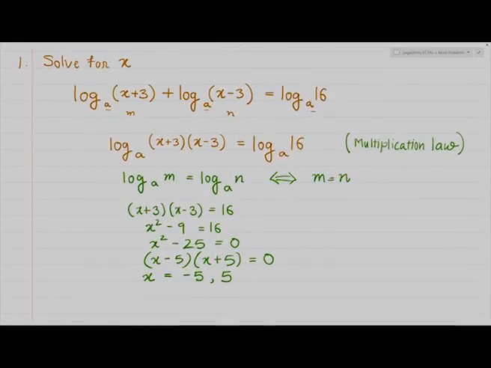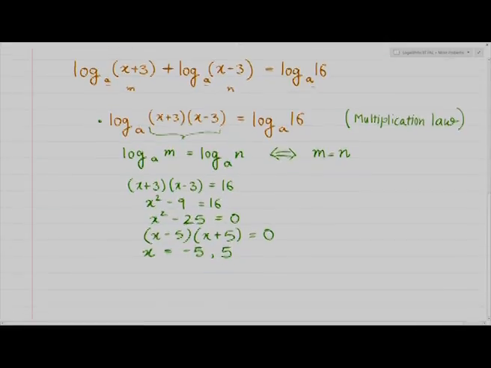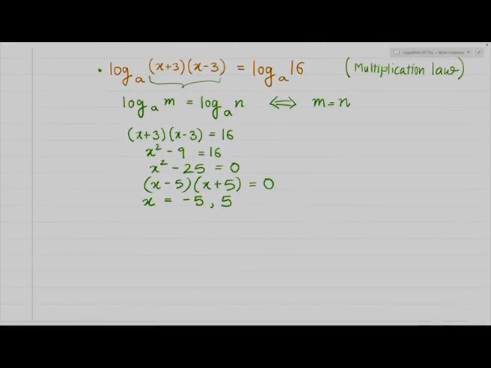Now, you remember, we are solving problems which are based on logarithms. In order to see if the logarithm is valid, we need to verify if the internal term or the argument that is given is positive or not. If the argument is negative, we cannot solve the problem. So, let us take the argument, which is x plus 3 and x minus 3, isn't it?